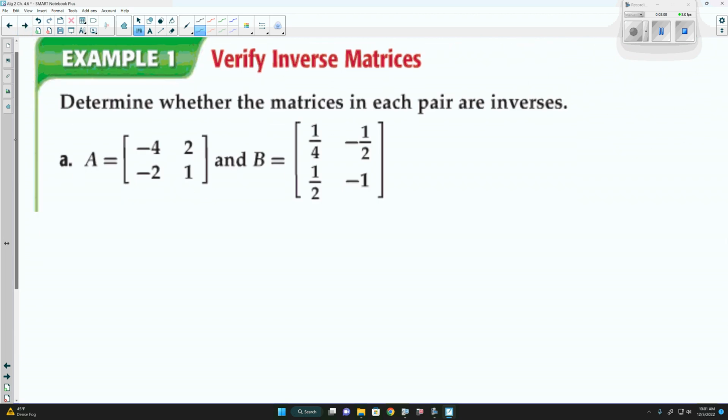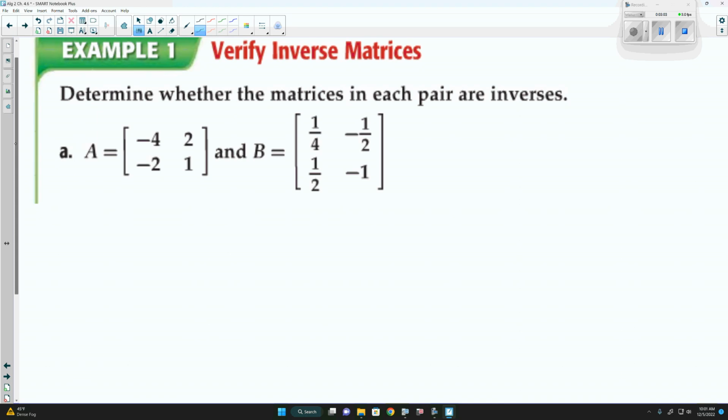Now, also with that being said, if two matrices are inverses of each other, when we multiply matrix A by its inverse, we will get the identity matrix. For two matrices to be inverses, their multiplication has to give us the identity.